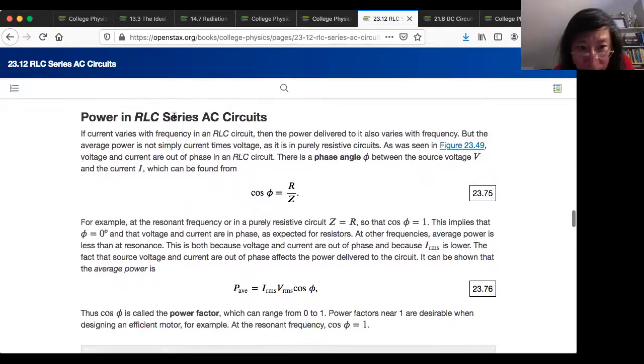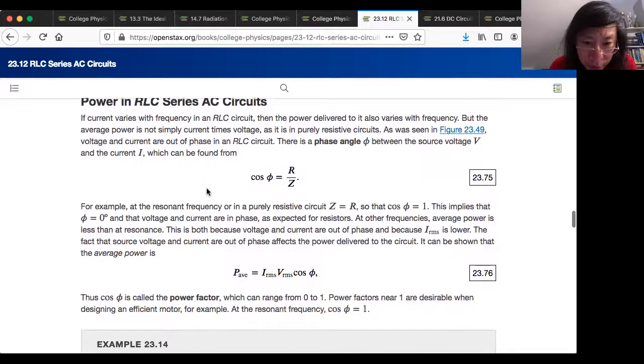The power in a DC circuit: P equals IV, which is how I like to remember it, or VIP, V times I equals P. The power is usually the current times the voltage.